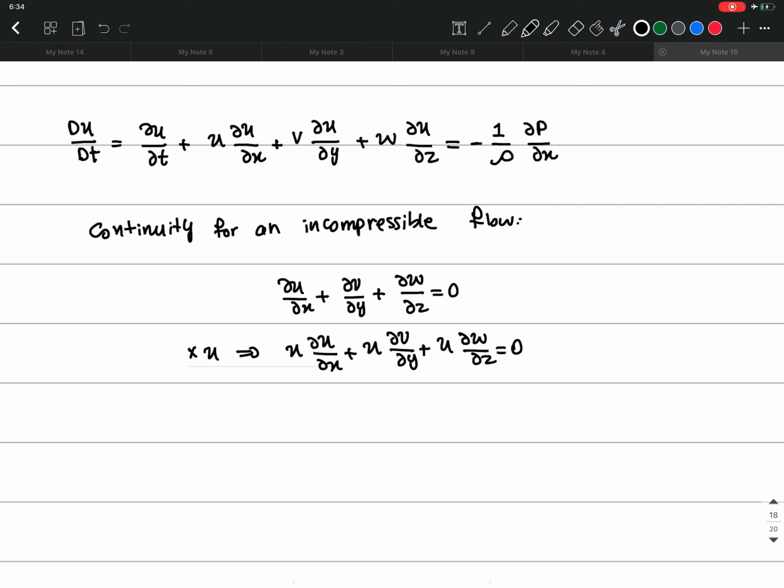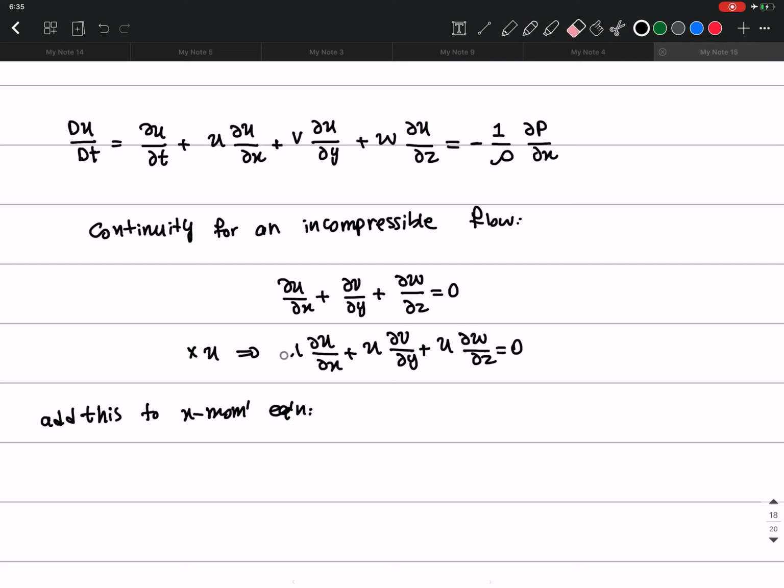And so I can just add this to the x momentum equation.